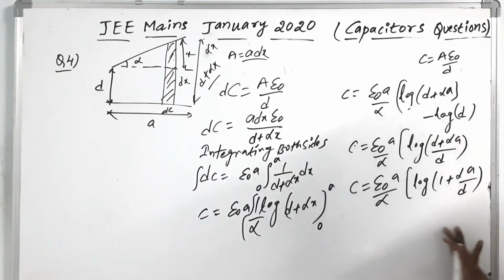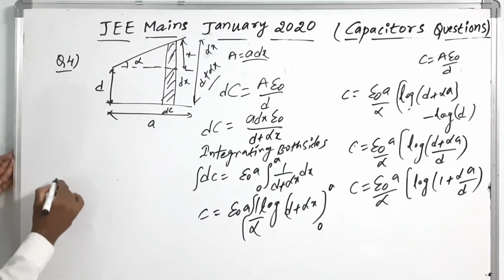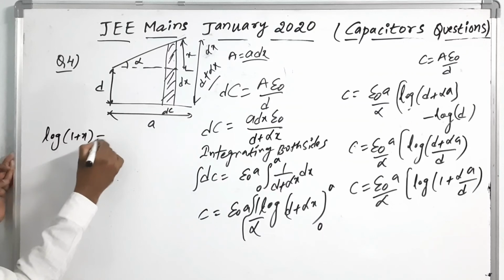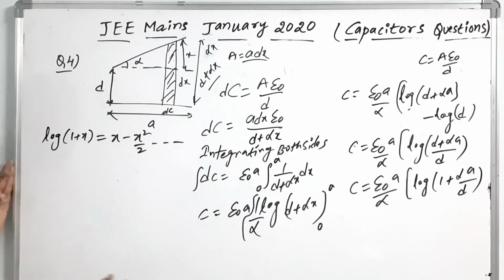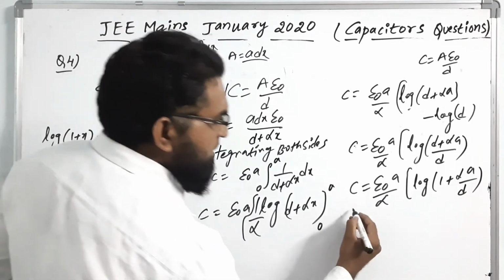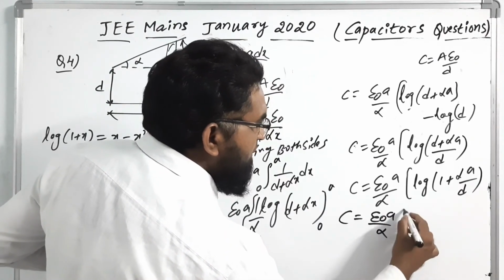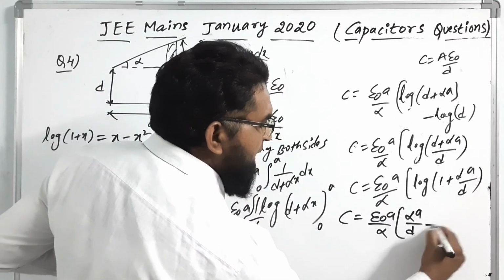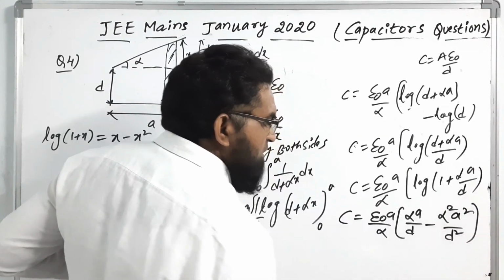We get C equal to epsilon naught A by alpha, and the log of 1 plus alpha A by D. We know the logarithm formulas: log of 1 plus x is x minus x square by 2 and so on. So C equal to epsilon naught A by alpha, and this value is alpha A by D minus alpha square A square by D square.